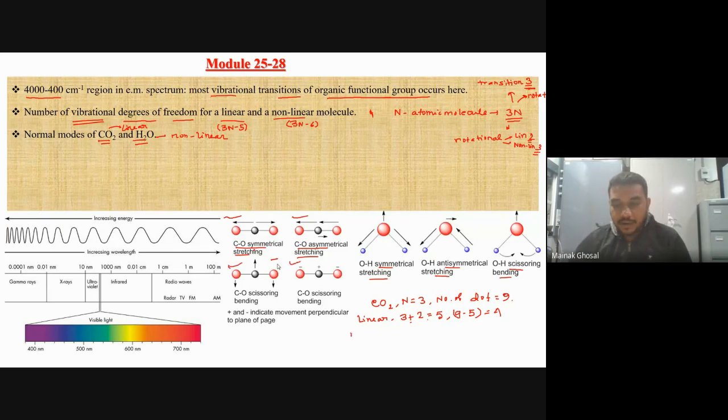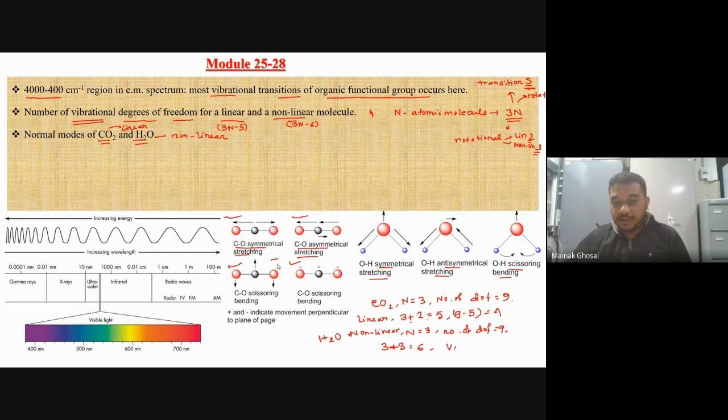And if you go to water, which is non-linear, this also has n equals 3. The number of degrees of freedom will be 9 for water also. But here, how many vibrations will there be? 3 translations, 3 rotations, so 6.